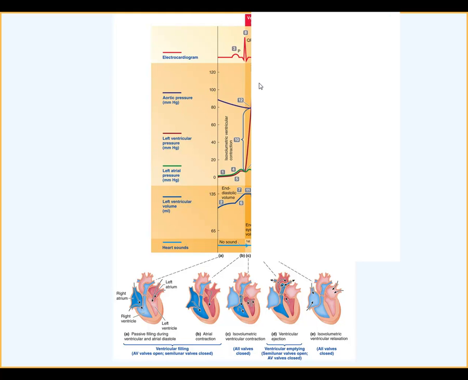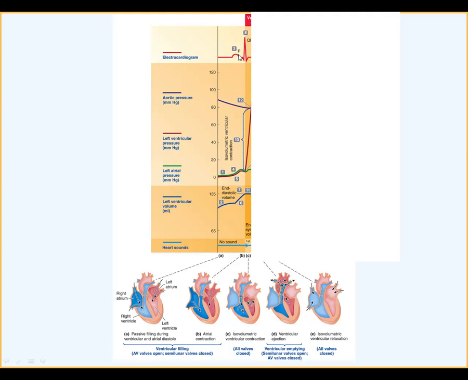And the depolarization of the ventricles, if you remember, is going to be shown on the EKG as what we call the QRS complex, which is what we are looking at here.